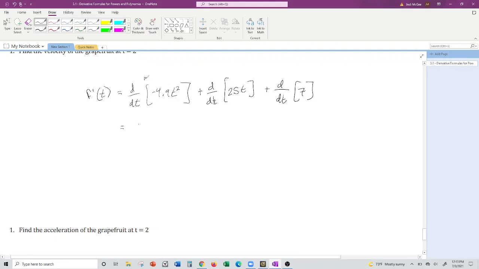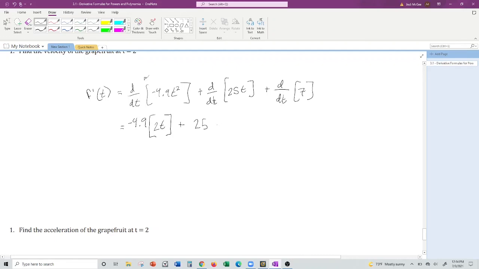So, the derivative of negative 4.9 times t squared, we have a constant multiple rule taking effect here, so negative 4.9, and then we'll be left with the derivative of t squared, which is going to be 2t. Then we have the derivative of 25t. Again, this is one of those linear terms where our derivative is just going to be the constant, 25.